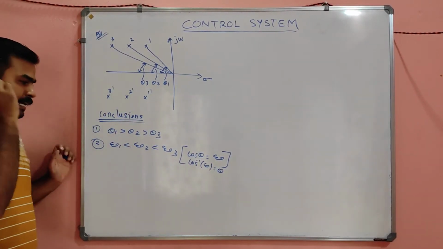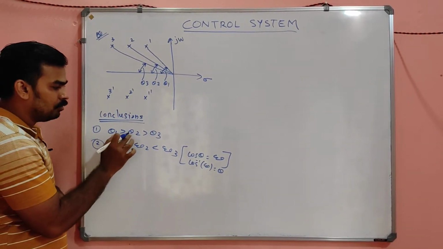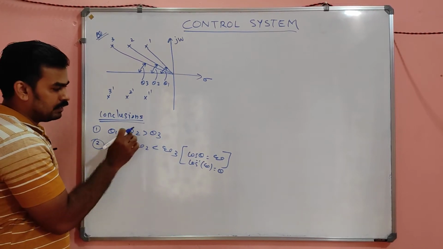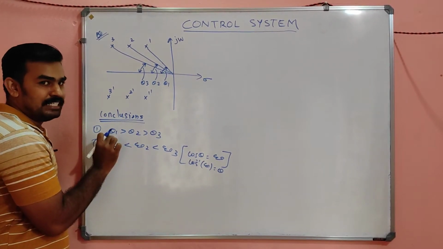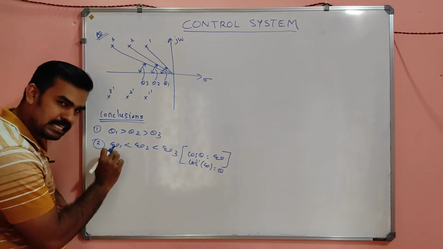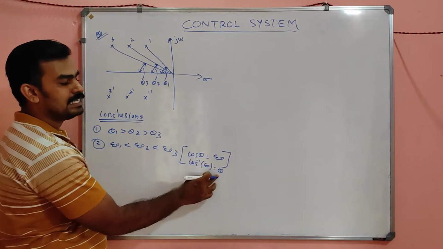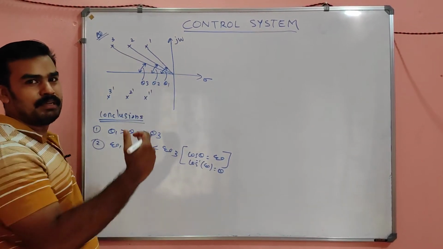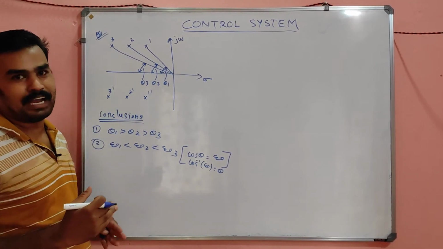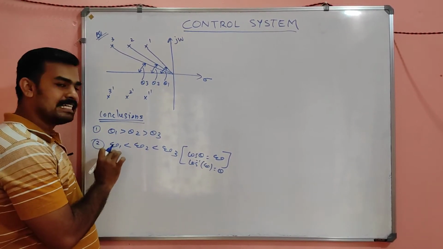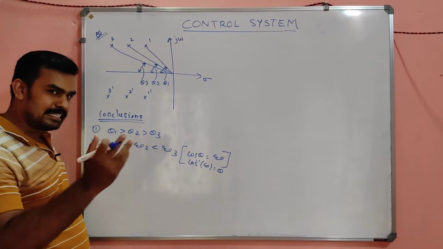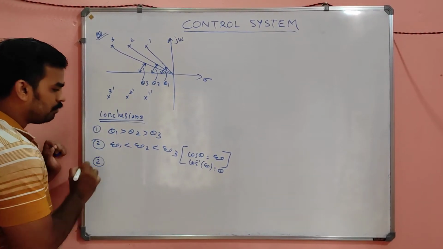Correct, na, my dear? If theta goes on increasing, this is the maximum value of theta, and that will be the minimum value of zeta, because cos inverse zeta is theta. Cosine value will be high for lesser value of angle. Correct? So zeta 1 less than zeta 2 less than zeta 3. That conclusion you can make.